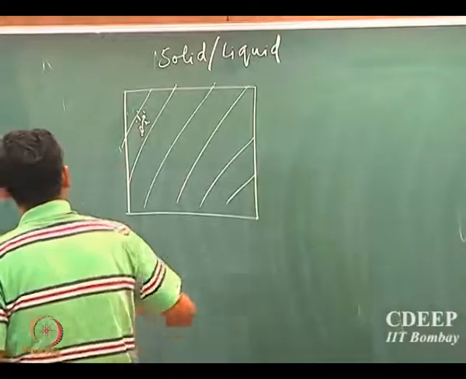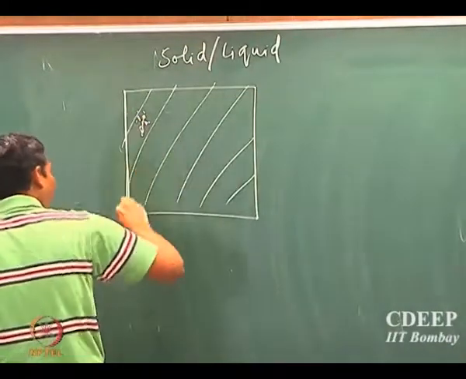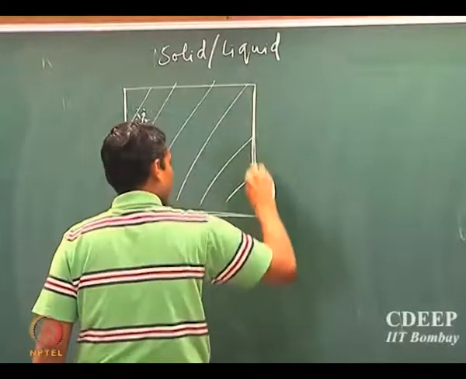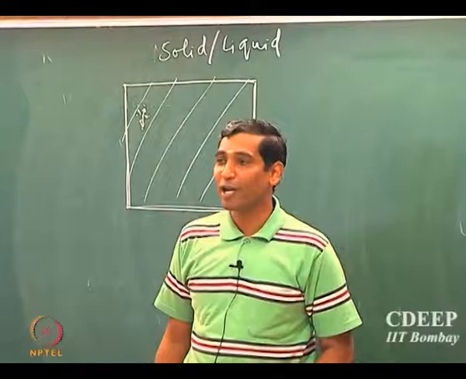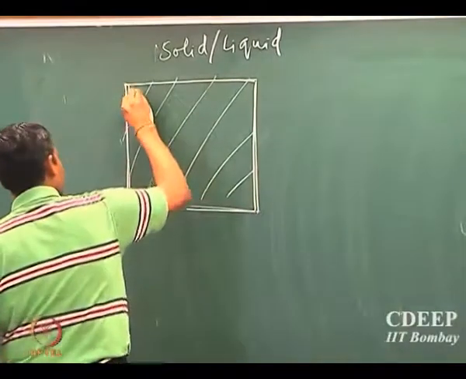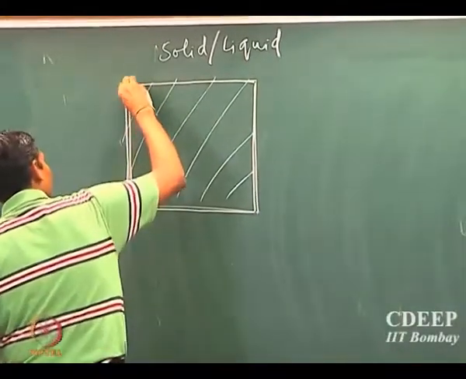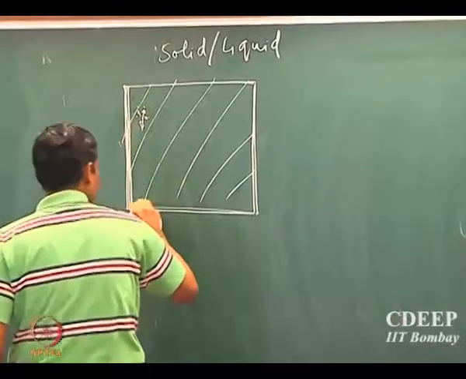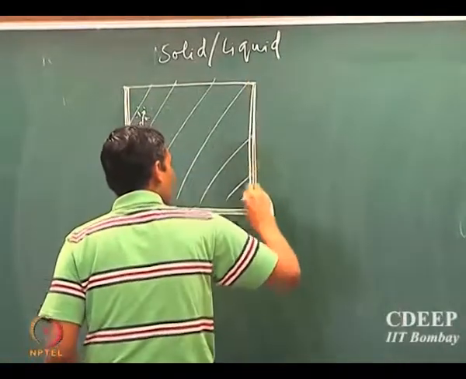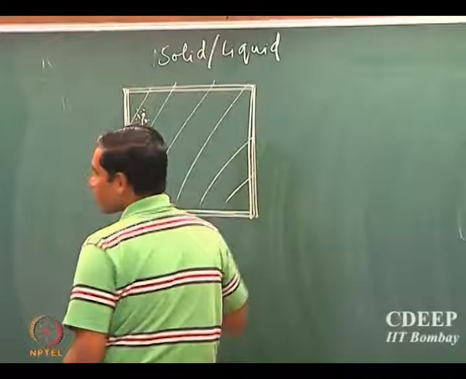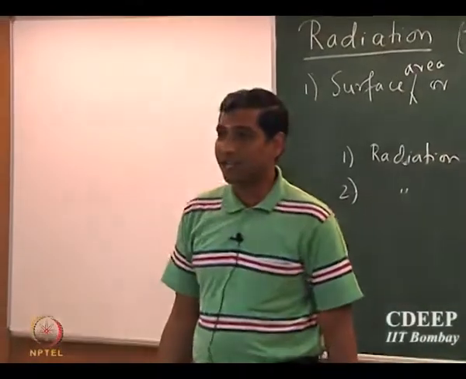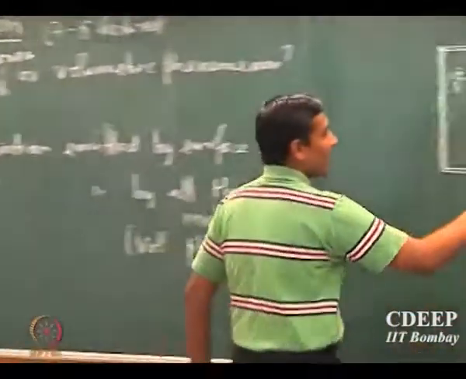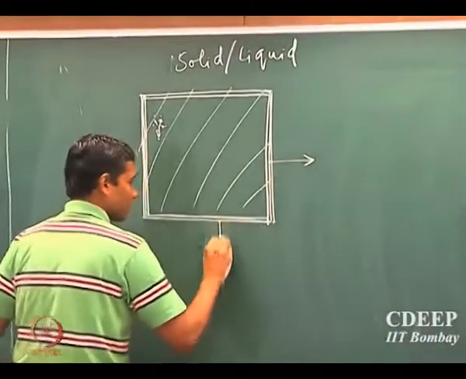Therefore, all the radiation that actually comes out of this object is essentially from the molecules located close to the surface. I will give you in a short while what the length scale is. So the molecules located close to the surface are the ones resulting in the radiation emitted out of this object.